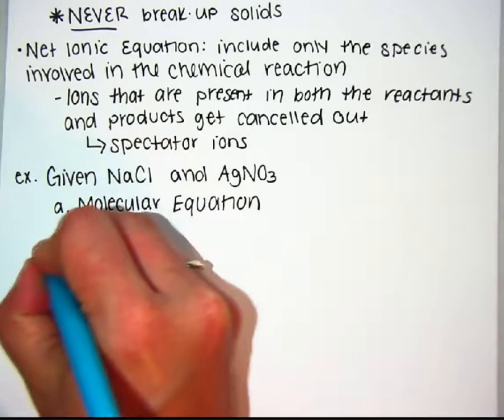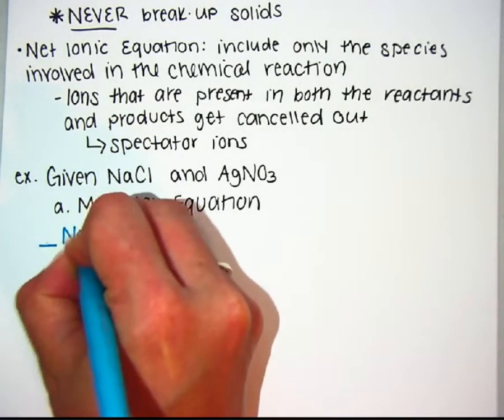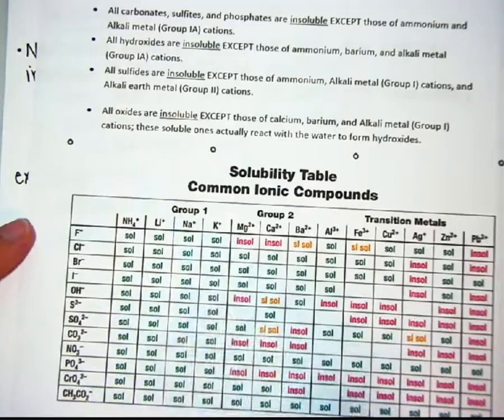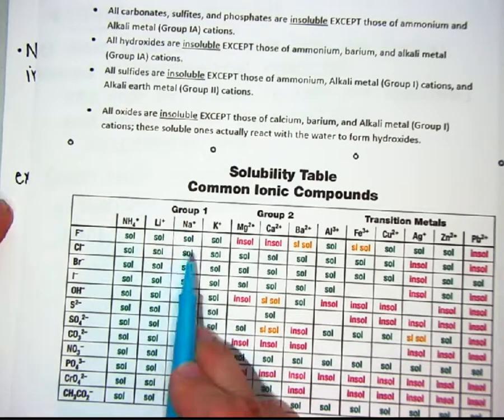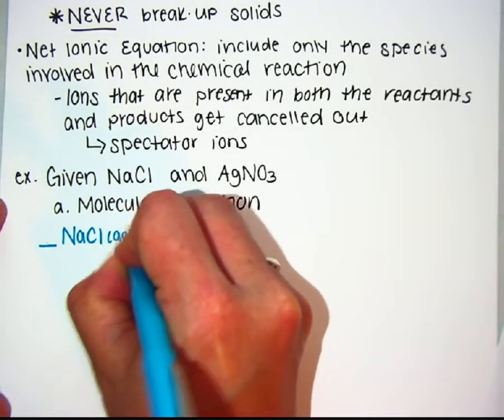So I'm going to leave a space in case I need to balance. And I'm going to start with NaCl. First thing you want to do is go to our solubility table, look up sodium chloride. Sodium chloride is soluble, so it's aqueous.